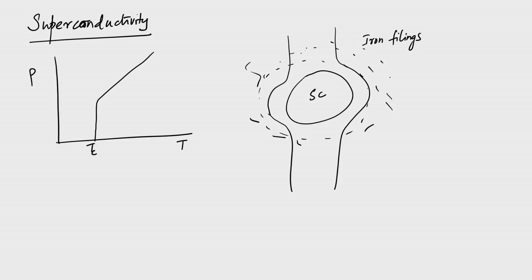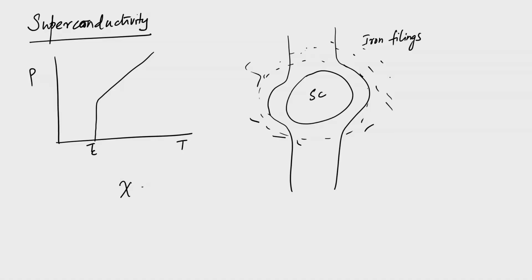All right, but that is an experiment which depends on getting those iron filings. Rather, there is a better experiment, which is the calculation of the susceptibility. The susceptibility is defined as dM/dH in the limit H tending to 0, which means it is the slope of the M versus H curve.